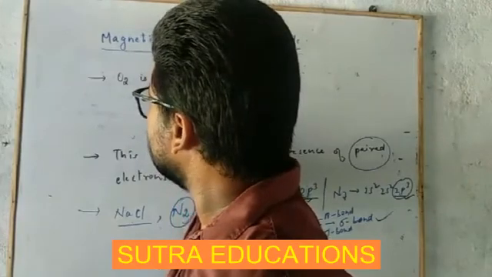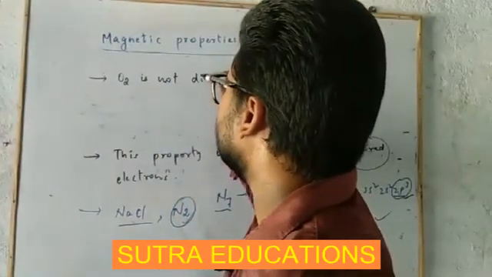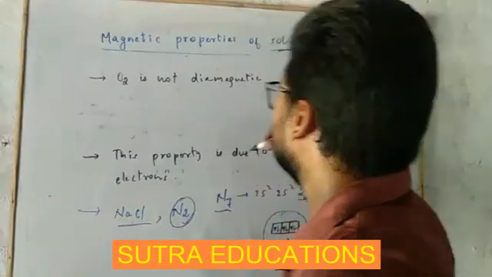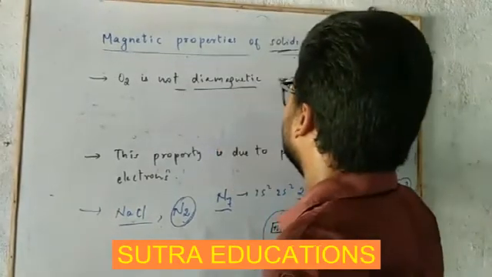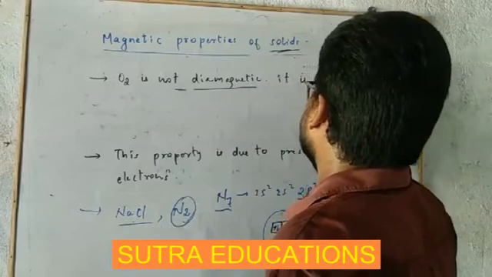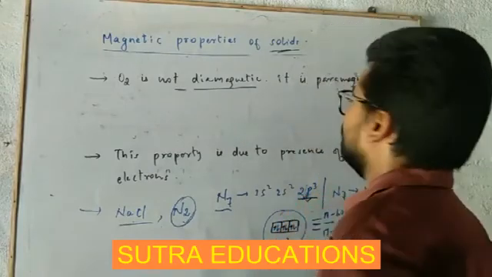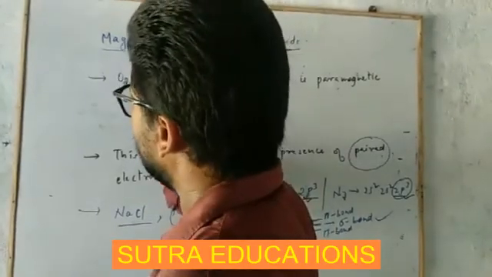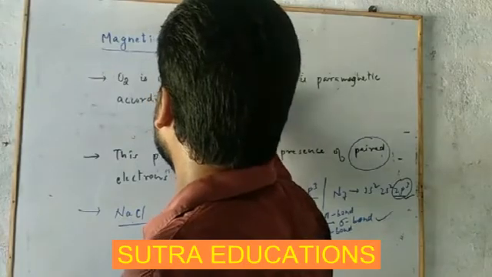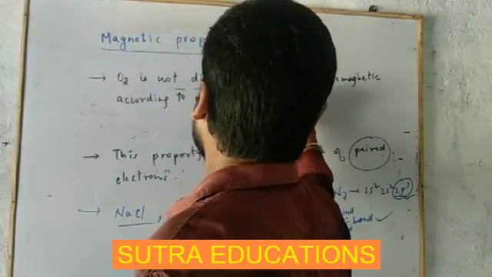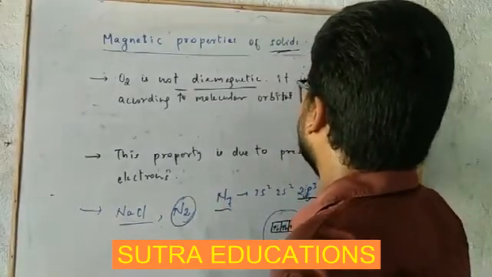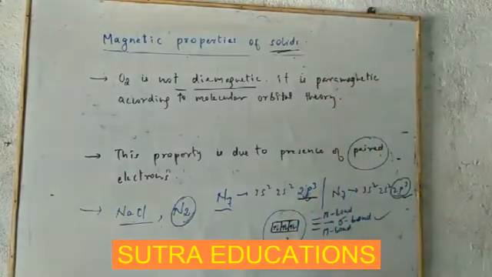O2 is not diamagnetic, it is paramagnetic, according to molecular orbital theory. So is it clear to you?